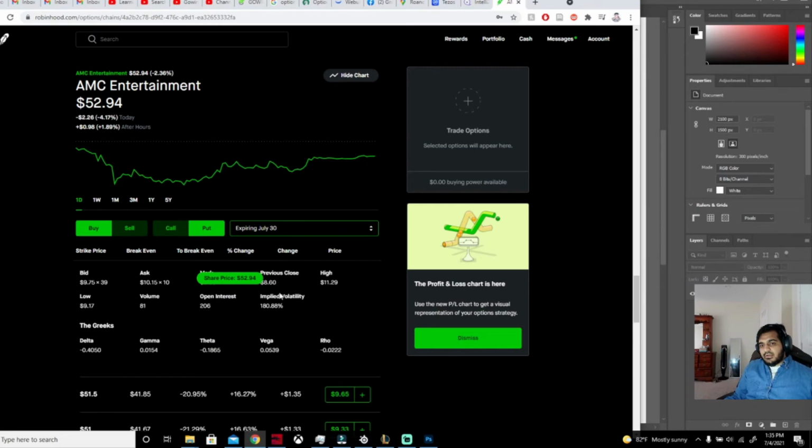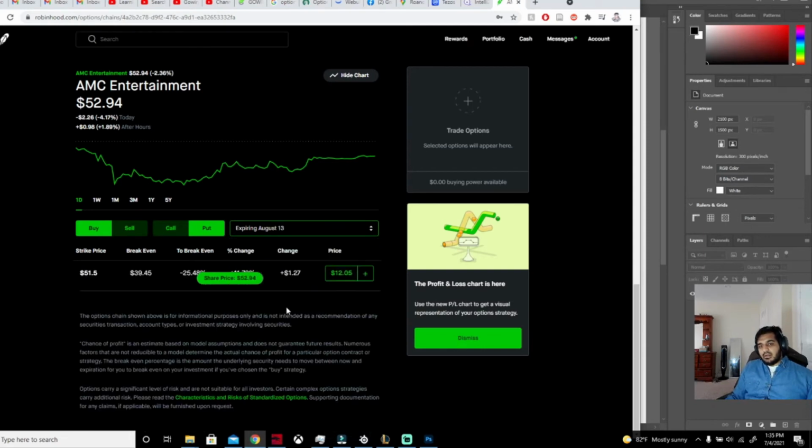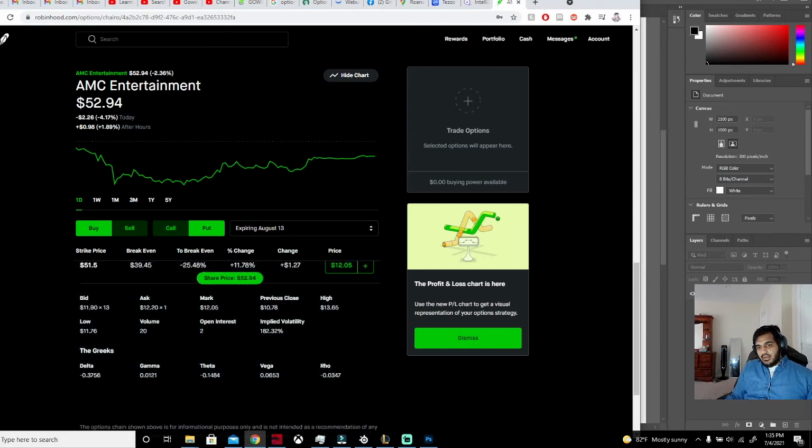Versus, say, we do something that is way out. I think it's by the week. It's not by the day. But then it'll be minus 0.1865. So now we're only losing 18% per week. And then you can go out further, and you can see that that theta just decreases a ton.